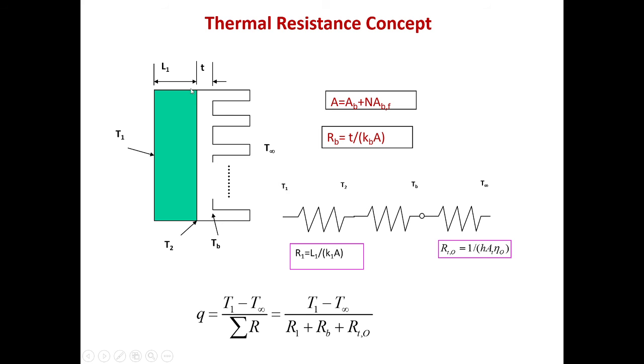So guys, here is another topic, that is the thermal resistance concept. So the net area, that is this area and this area, we include, and R_B equals t upon K_B A. And when we simplify and convert it into an electric model, we get the first resistance, another resistance, and a third resistance.